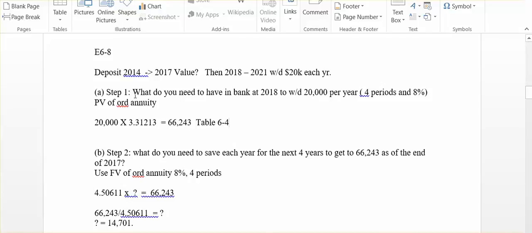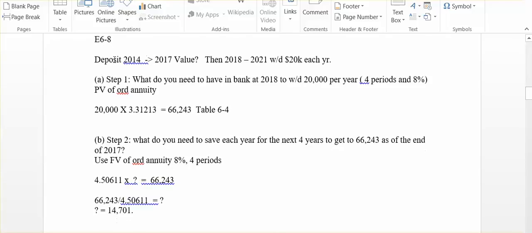I put in 4 periods, 8%, I get the number 3.31213. $20,000 is my annuity. That's the same amount that we're going to get each year. So 20,000 times that gives me 66,000. So right here we need to have $66,000. 66,234 to be exact.